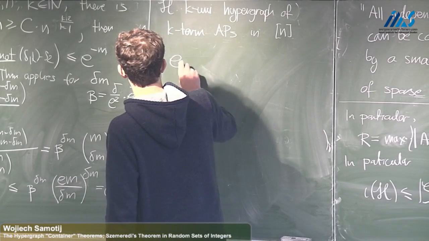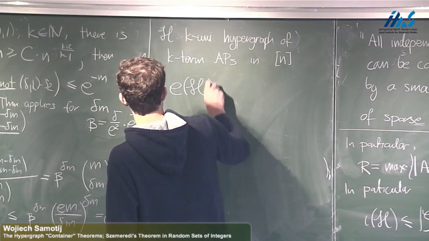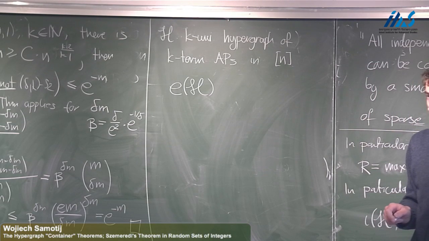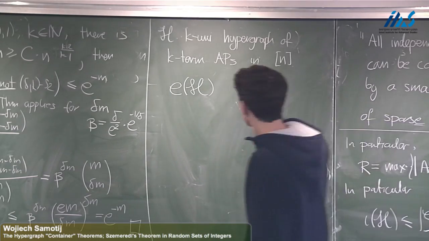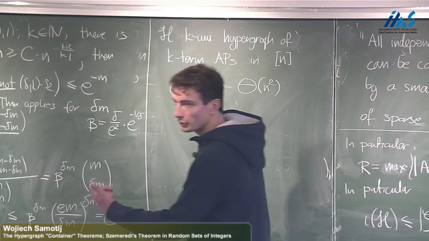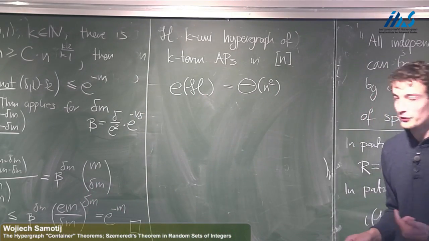Now, how many edges does it contain? It's order n squared, because I have only 2 degrees of freedom, the starting point and the difference.